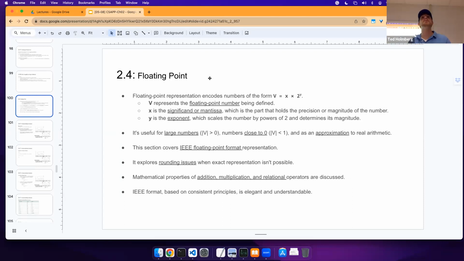We'll look at that again when we get to subsection 4 or 5, when we start talking about rounding considerations for real numbers. We'll look at the mathematical properties, just like we did with the integer numbers. We'll look at how to add floating points, and how to multiply, and some of the consequences of using a relational operator, not an equality operator. You're going to use relational operators on your floating point numbers.